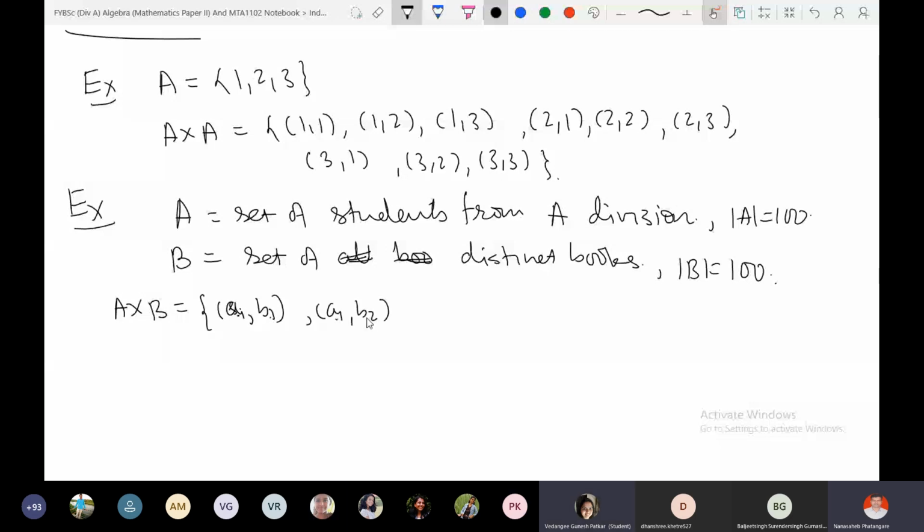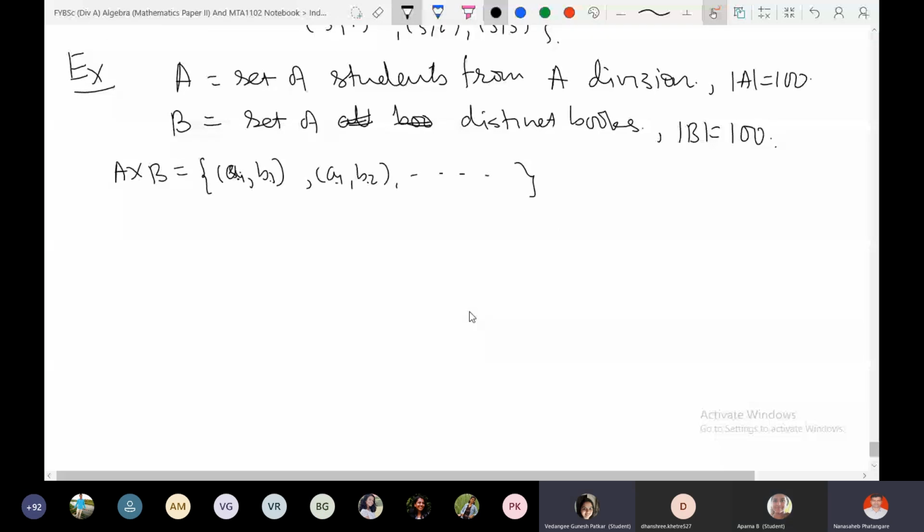In that way, I can pair students and books. In this case, I am assigning the same student with different books, because every student can access any book in the library.